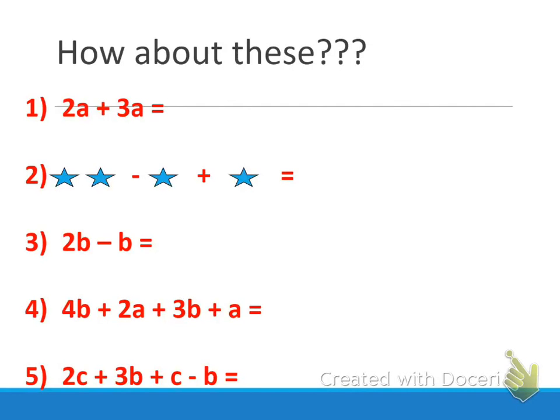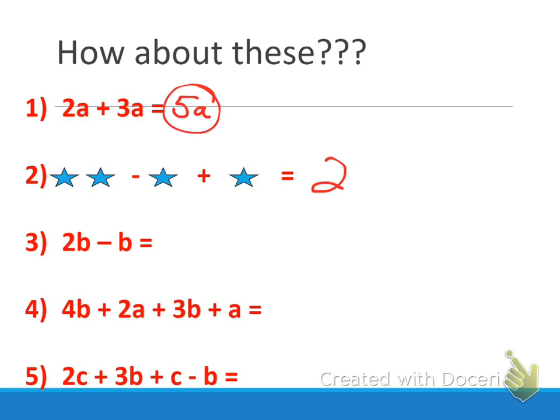All right, so real quickly, look at the first one. 2A plus 3 more A's. What does that give you? 5 total A's. So 5A. Okay, look at the second one. Raise your hand when you know the answer to it. Asher, what is it? 2 stars.